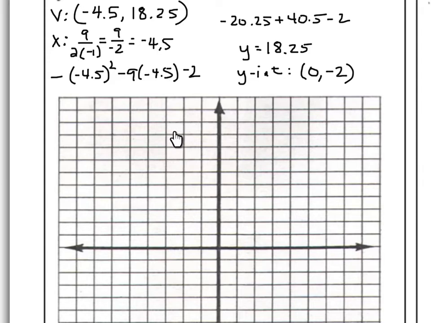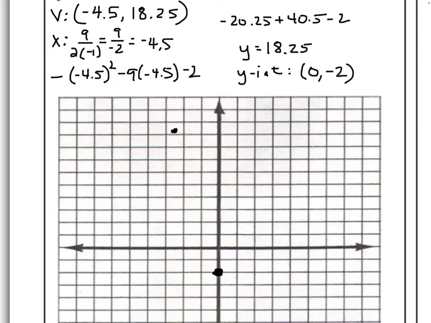Obviously, it's not going to be exactly perfect, but I can zoom in on that mark. The nice thing is on your apps you're going to be able to do that. So that's my vertex, and my y-intercept is 0 and negative 2, right there.